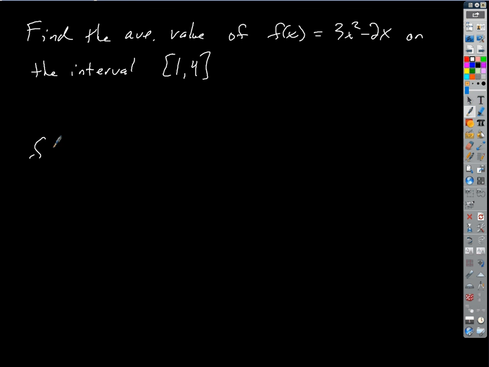We'll just call this f of c. Now what? Divided by 3. Or if I want to, I could even just put the 1/3 out front. Either way, it doesn't matter. Okay, so what's that going to give me? What is this integral? Let's practice doing a definite integral.